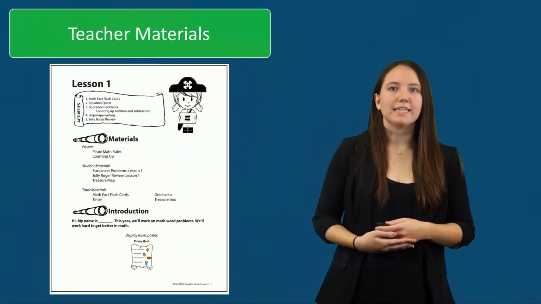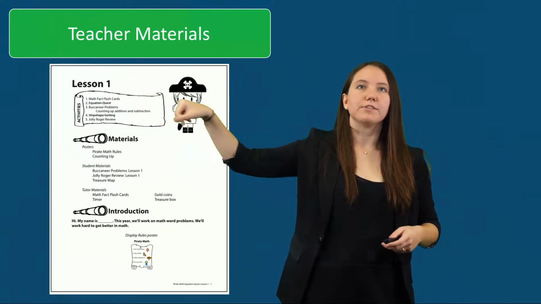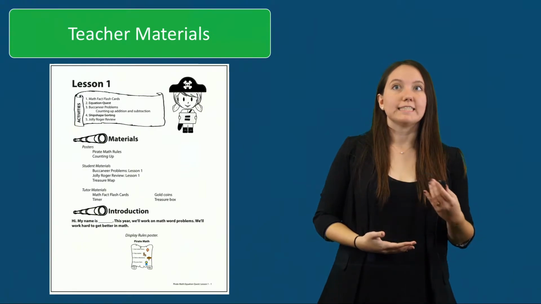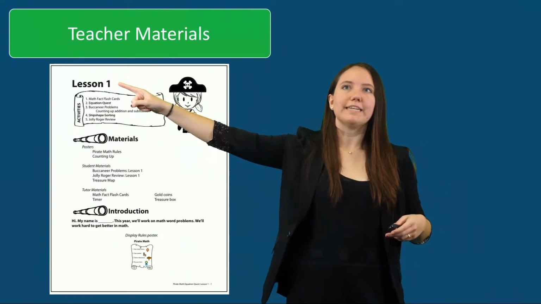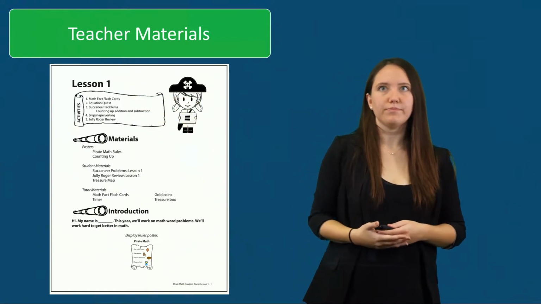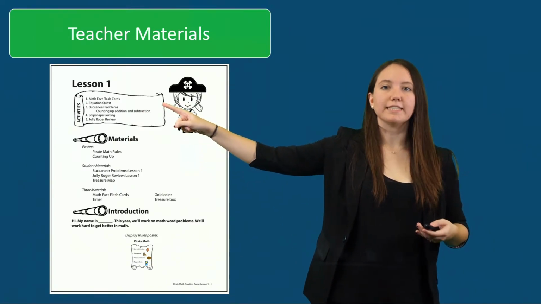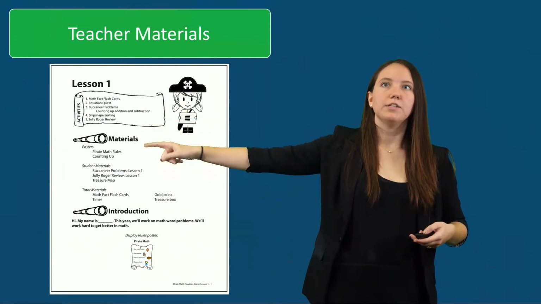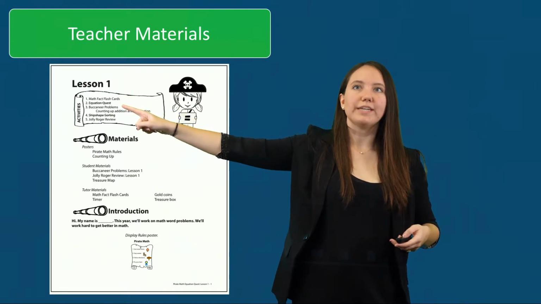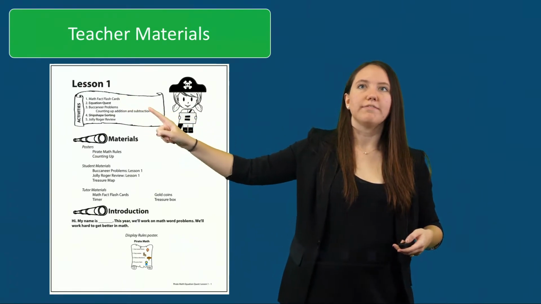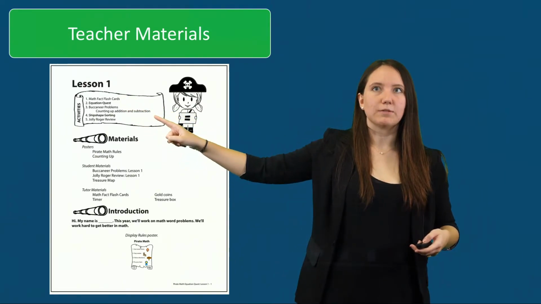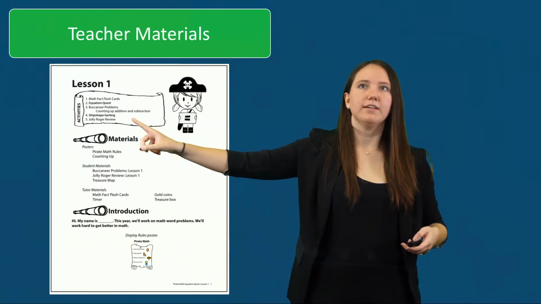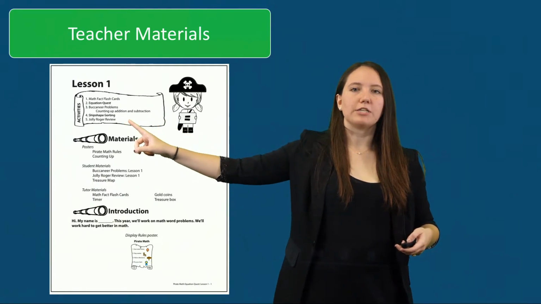Each lesson guide is labeled with the corresponding lesson number. So for instance, the lesson guide for lesson 1 is labeled, as we see here, as lesson 1. Next, we see the activities covered in each lesson listed in the scroll. So we see Math Fluency Flashcards, Equation Quest, Buccaneer Problems, with the focus of the Buccaneer Problems that day. So in lesson 1, that's counting up, addition, and subtraction, Shipshape Sorting, and the Jolly Roger Review.